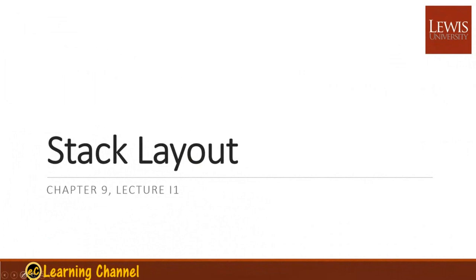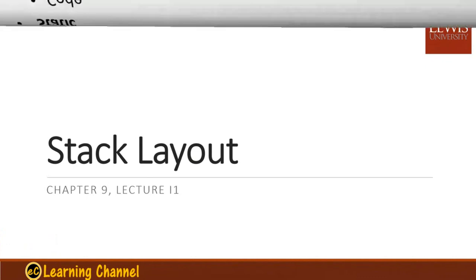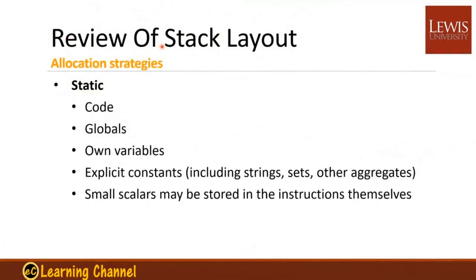Stack layout. First, let's look at the stack. Review of stack layout. Basically, we have static, local, global, unavailable, and explicit constants, and smaller scalars may be stored in the instructions themselves.